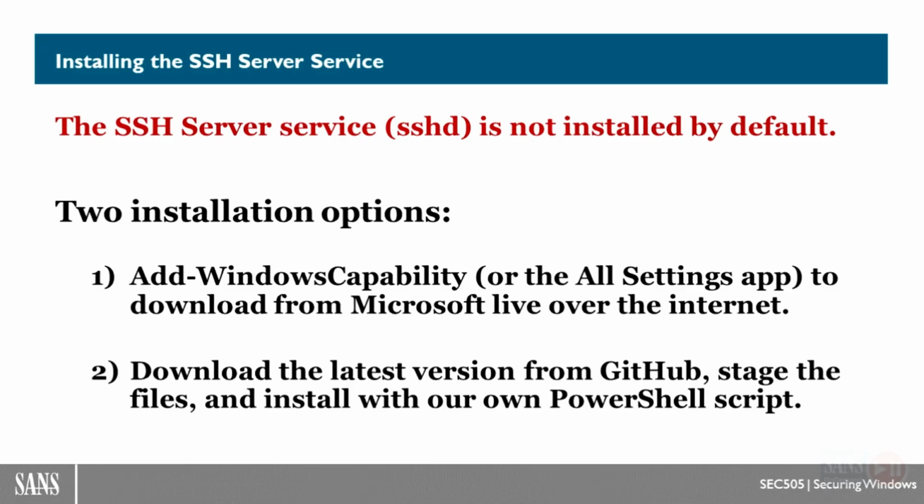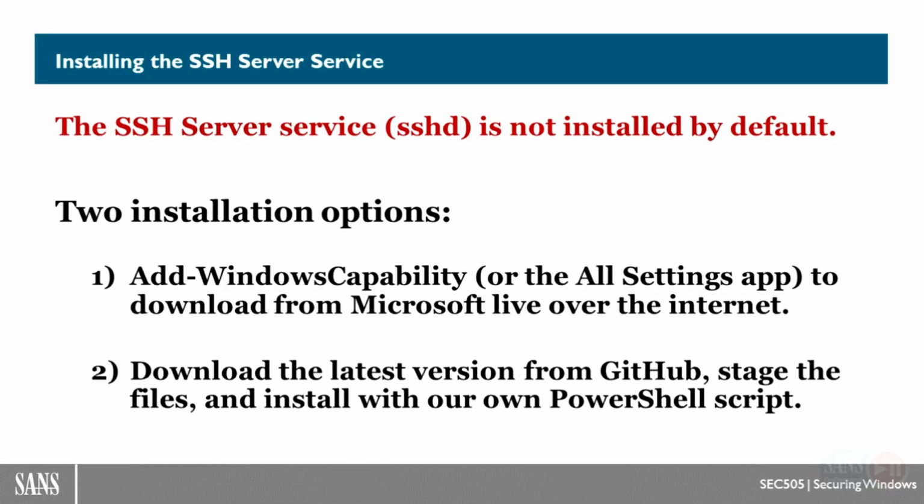In either case though, whether you're using the PowerShell Add Windows Capability tool, or you're using the All Settings app, that's the new control panel, you have to have internet access because you're downloading the binaries directly from Microsoft. So if you're working in an air gap, you won't be able to use this method at all. So if you were forbidden from accessing the internet from, let's say, your jump server or other critical machines inside the LAN, you won't be able to use this method at all to install it.